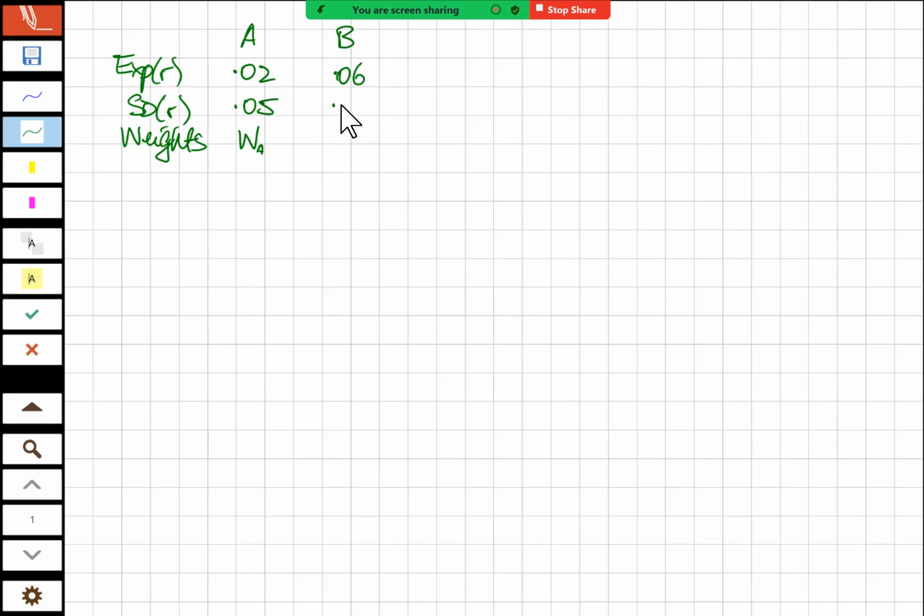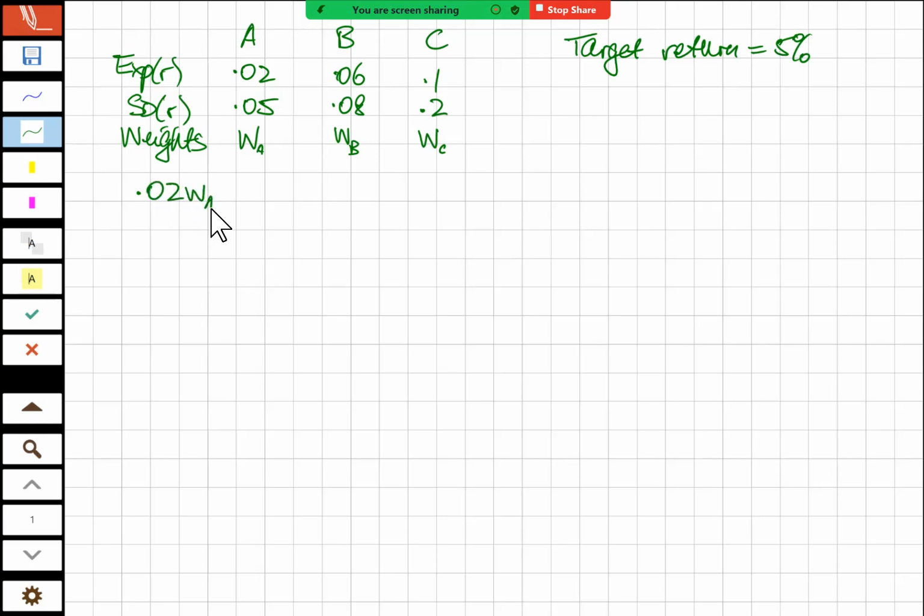For B, we have 0.06 with 0.08, and I'll call the proportion WB. For asset C, we've got an expected return of 0.1, a standard deviation of 0.2, and we'll call that WC. And we're told that our target return is 5%, 0.05.